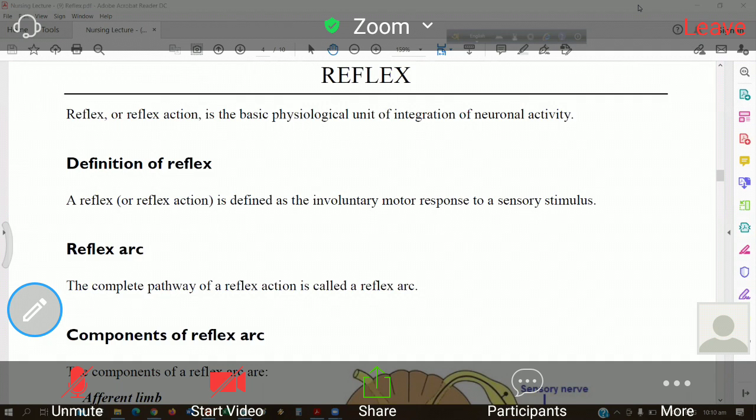Sneezing is a very difficult activity to suppress. The activity of sneezing is very, very difficult to suppress voluntarily. It happens automatically.